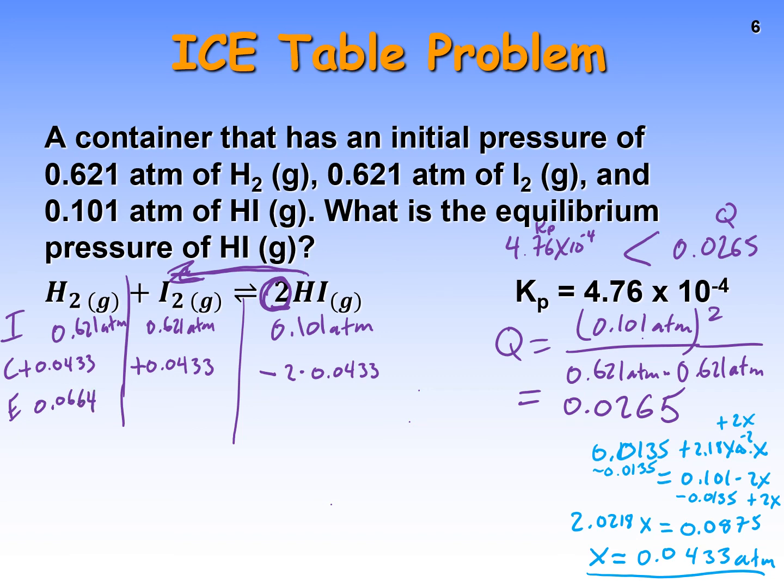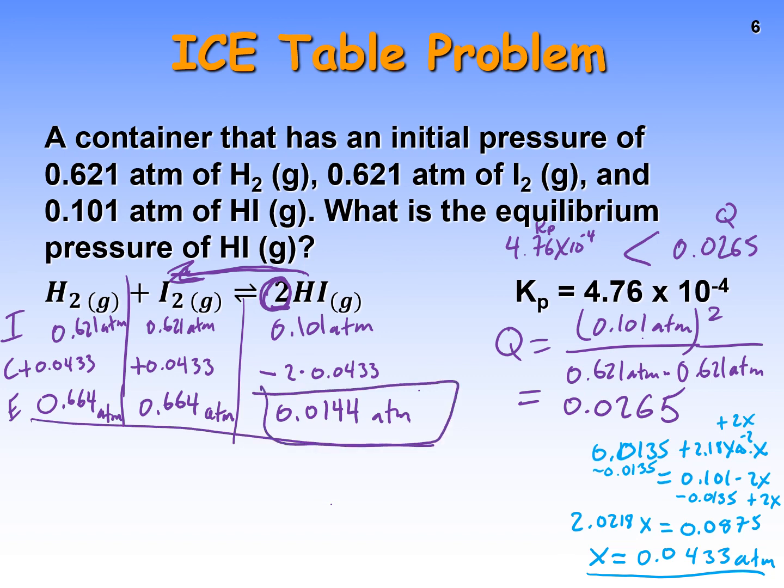Oh, sorry, not 0.664, 0.0664. And the same thing here. And then these are in ATMs. And then 0.0144 ATMs of HI. All right, so that should be our answers because we were asked for this value here, which is our correct answer.